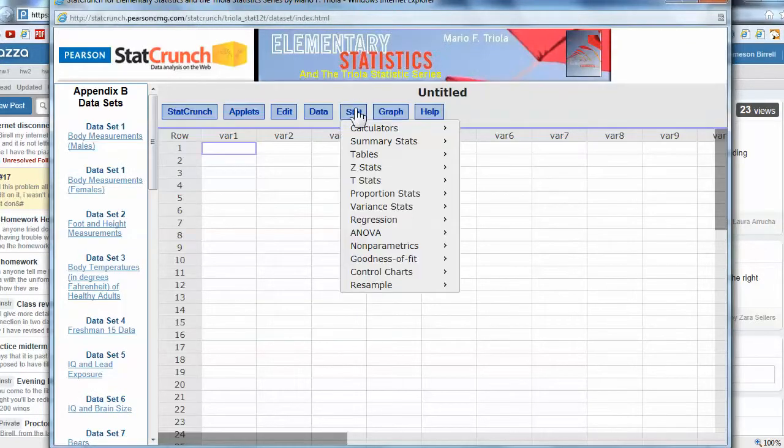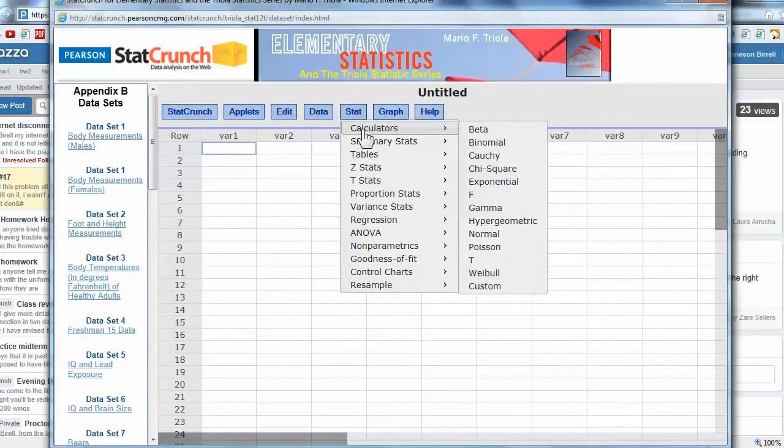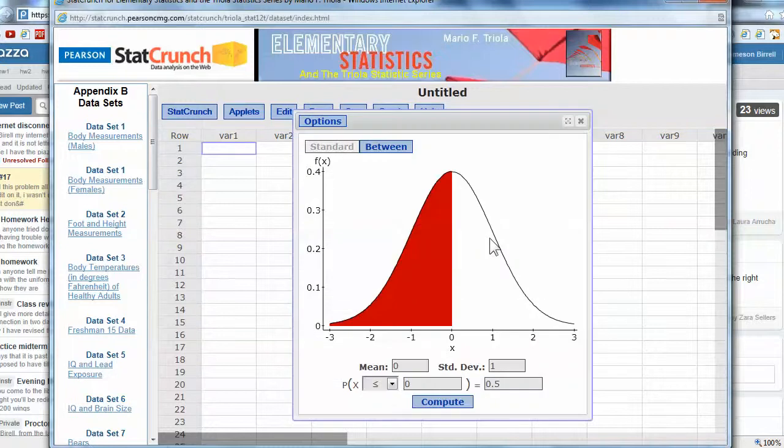Okay, hit Stat. Choose one of your calculators. And the one we want is a normal calculator. That's the normal distribution. Now, by default, it starts out with the standard normal distribution, 0 and 1. But we can actually just change it to whatever distribution we want.